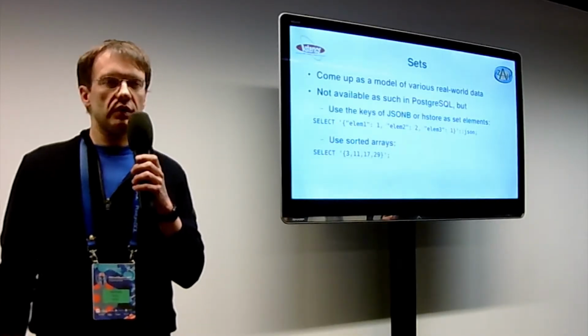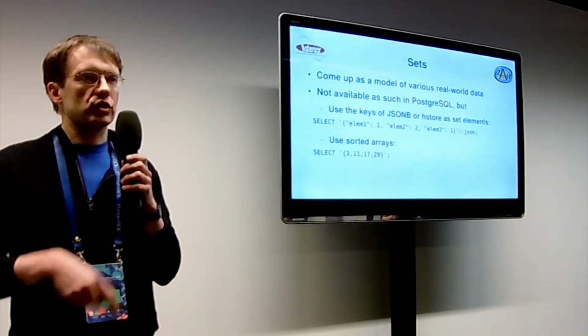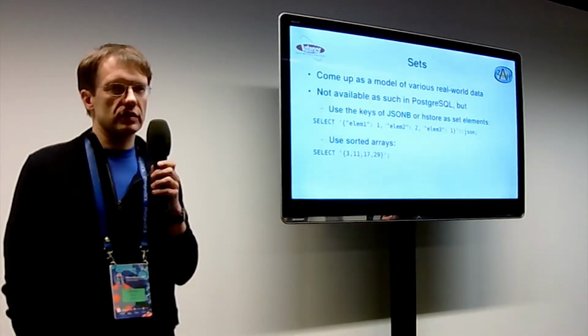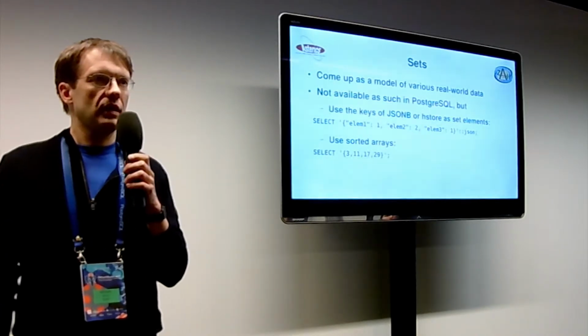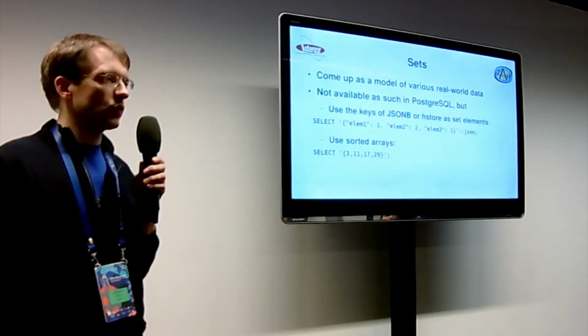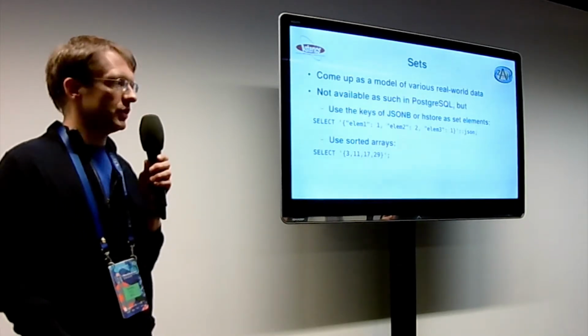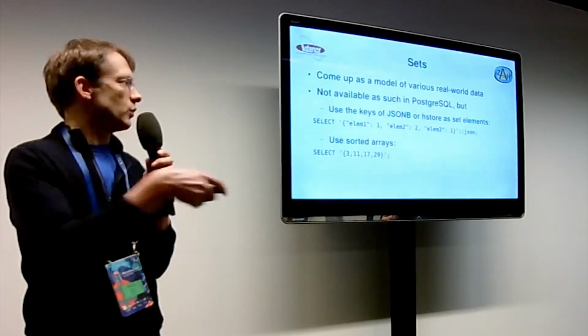For example, the hash-like data types such as JSON-B and HStore. I mean, JSON is of course much more complex, but you could just use one hash in JSON and use a set for that. Another option is to use sorted arrays, which are also provided in stock Postgres.